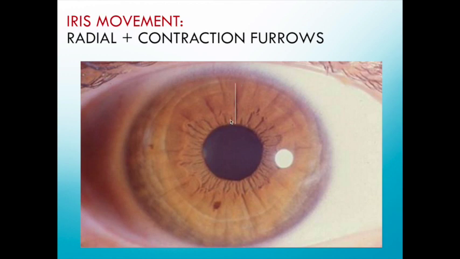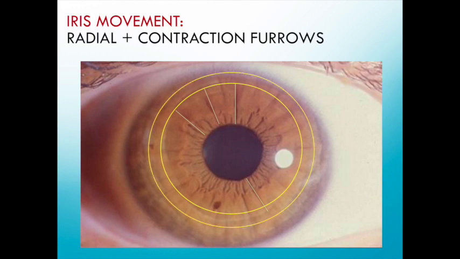As it dilates, the radial furrows, those are these lines that deepen as it folds in on itself, and the concentric circles are the contraction furrows. So what that's going to do is immediately show that the iris is live, it's reacting, which makes it impossible to circumvent.